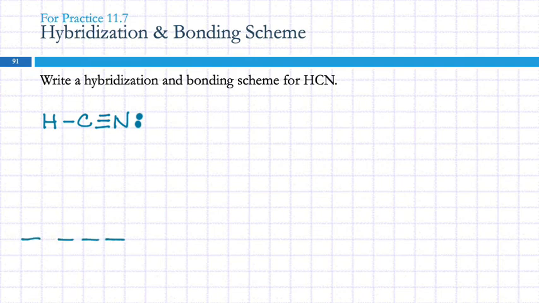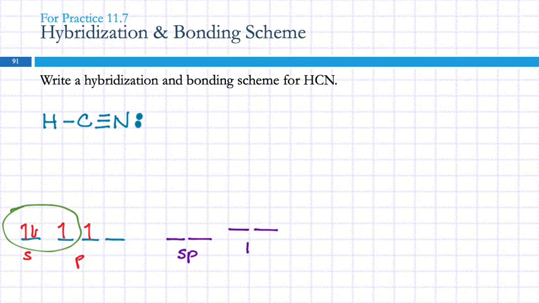So carbon had, these were its unhybridized orbitals, right? S and P. So if I'm going to do sp hybridization, I'm going to take 2 of these. And so this is the sp hybrid orbitals. And then over here, I'm going to draw these just a little bit higher because they are higher in energy, but not very much. So these guys are there.